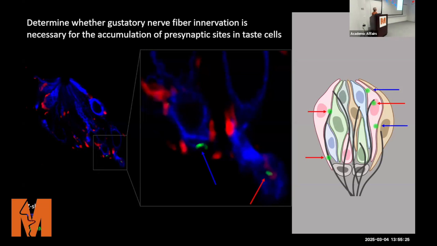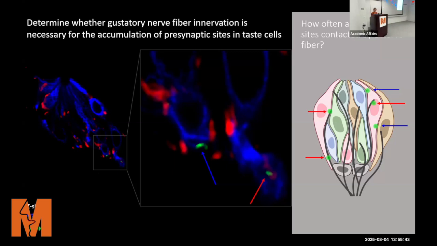If we found that lots of these puncta were on the cell, but not near a gustatory fiber, we would conclude that probably the taste receptor cell is making those presynaptic sites and then either attracting the gustatory neuron, or at least it's happening first.